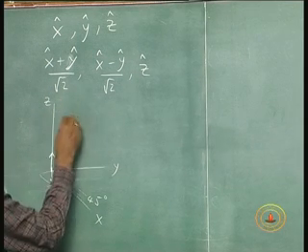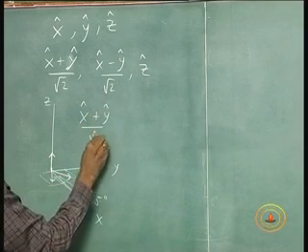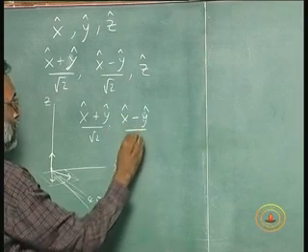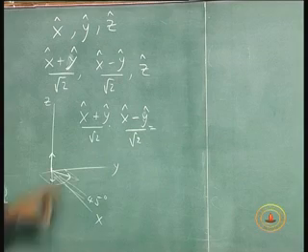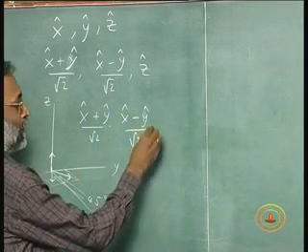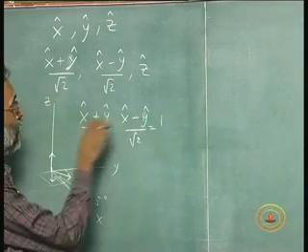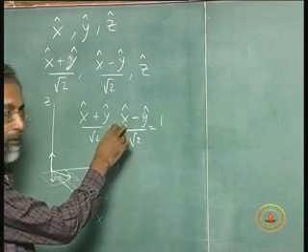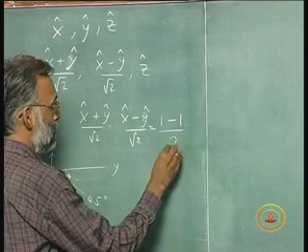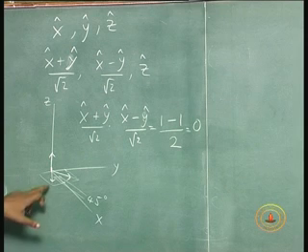Let us just verify that. x hat plus y hat over root 2 dot x hat minus y hat over root 2 is equal to, well, there are 4 terms in this. x hat dot x hat, which is 1, x hat dot minus y hat 0, y hat dot x hat 0, y hat dot minus y hat minus 1, divided by 2, into 0. So, these are orthogonal. Are they orthonormal?